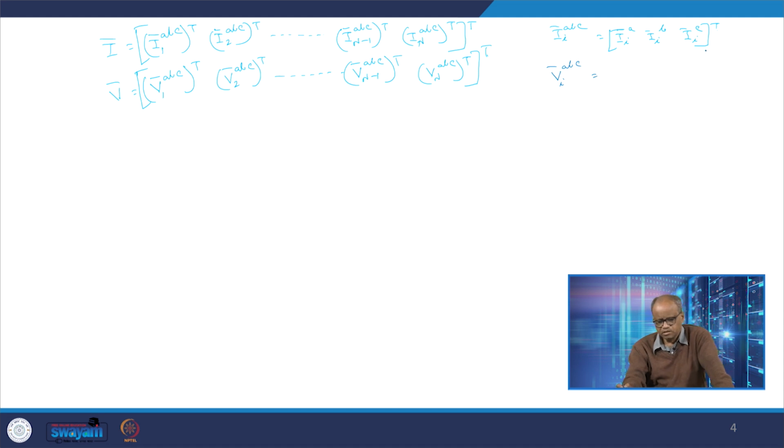So basically this is a column vector. From this column vector we have made it a row vector. So everything is a row vector, and then to make I a column vector we have taken the final transpose. So the individual transpose is to make the corresponding column vector a row vector, and then we have taken an overall transpose to make the overall row vector a corresponding column vector.